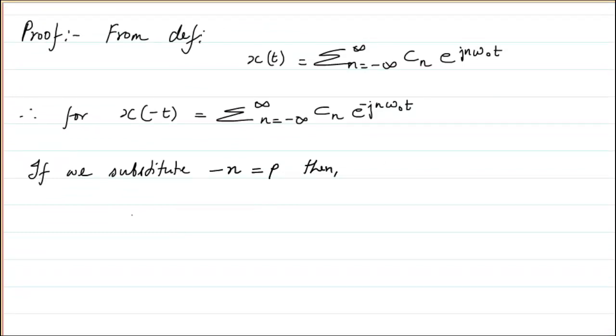Then x of minus t is going to be equal to summation, so n equal to minus n becomes p, so this summation will go from infinity to minus infinity instead of minus infinity to infinity, and c of n, now n will become minus p, and I will have e raised to power, instead of minus n, I can write p omega naught t, correct?